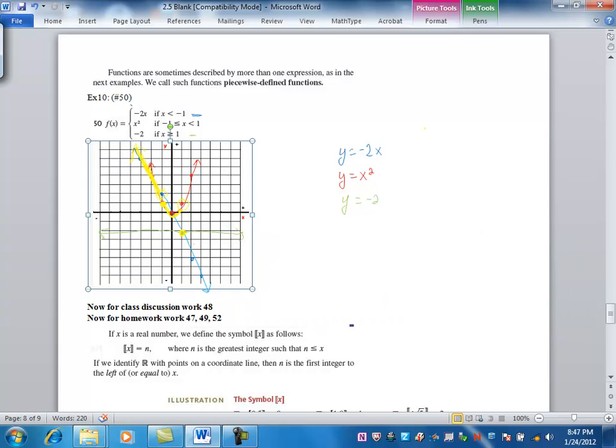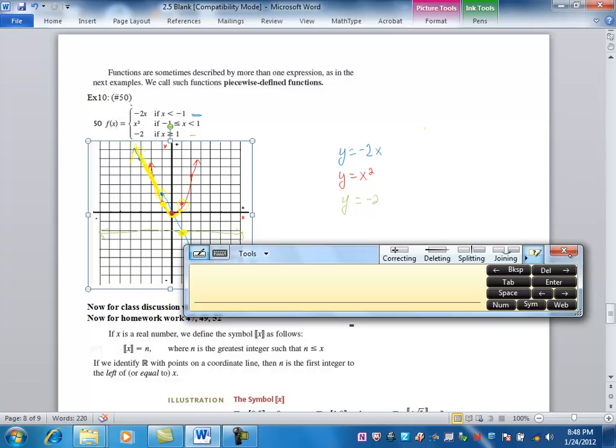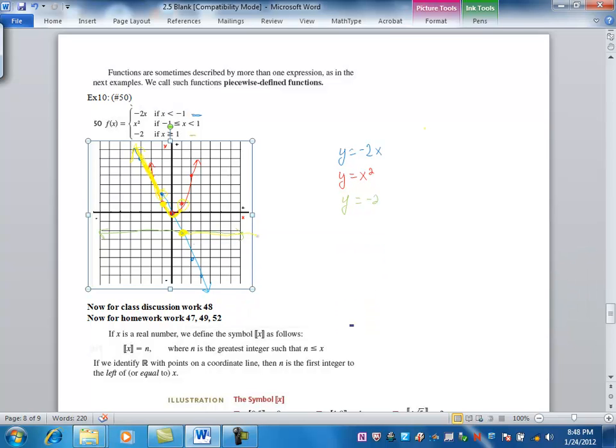And we'll shade in. So what I've drawn in yellow is actually the graph of f of x. Okay? All those pieces together make up the graph of f of x. And that's why we call it a piecewise defined function.